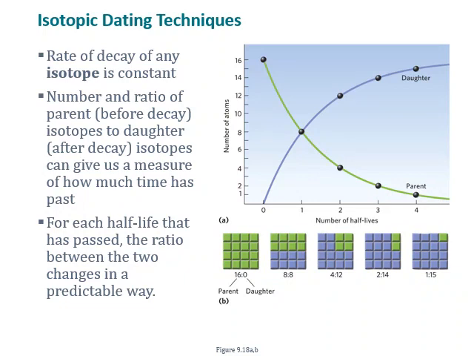And knowing that the number of parents plus the number of daughters must always equal 16, because we have 4 parent isotopes left, we must have increased the daughter isotopes in a proportional amount, to yield 12 daughter isotopes. And if we go on to half-lives 3 and 4, then we produce the same pattern. It's important to know that the parent never decays exactly to 0, and the daughter never grows exactly to 16 or to 100%. We keep dividing by half over and over again for eternity.